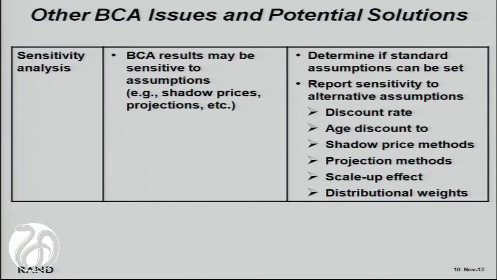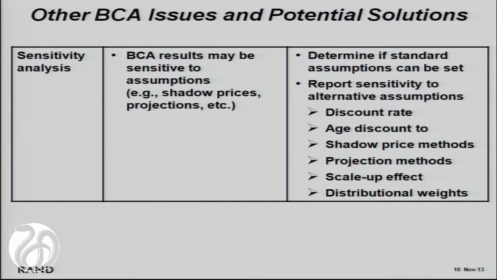Beyond that, we know that some other areas of uncertainty are going to be better addressed with sensitivity analyses. To the extent that we can't put stochastic or probabilistic uncertainty around certain parameters, here's where sensitivity analyses could be brought in. I've already mentioned certain kinds of sensitivity analyses, whether they're to the discount rate or the age that you discount, but it could be around the shadow prices that are used, various strategies for projecting future benefits.